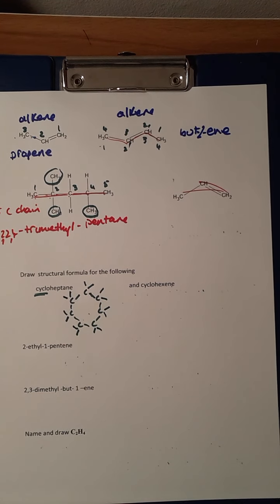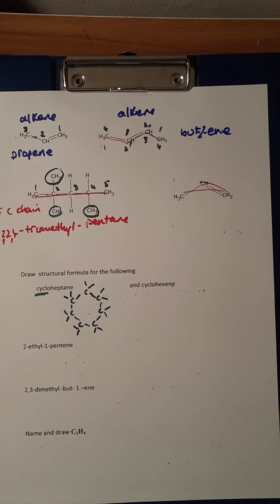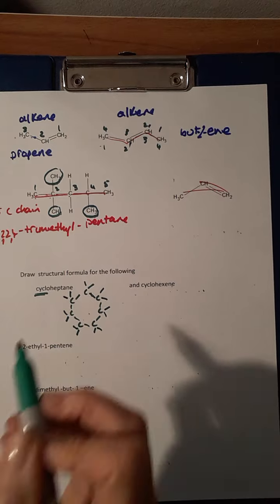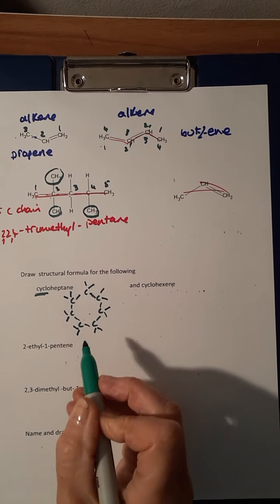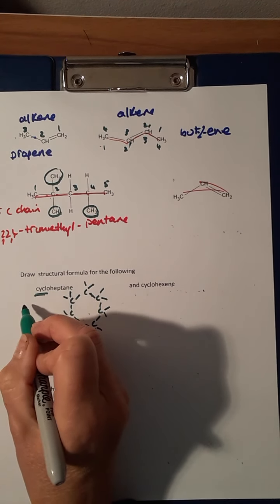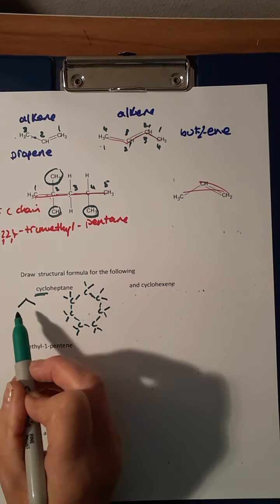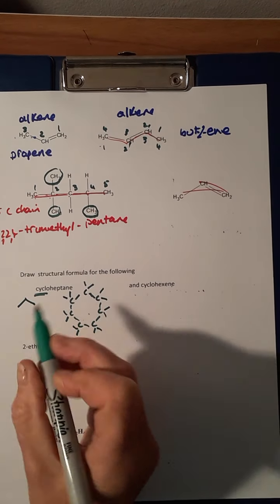So you have an option, which is normally what you see. You just draw a shape like a 7-cornered figure. So this is fine as it is, except it's a bit messy looking. So we could draw it like this. Each vertex represents a carbon with the corresponding number of hydrogens.